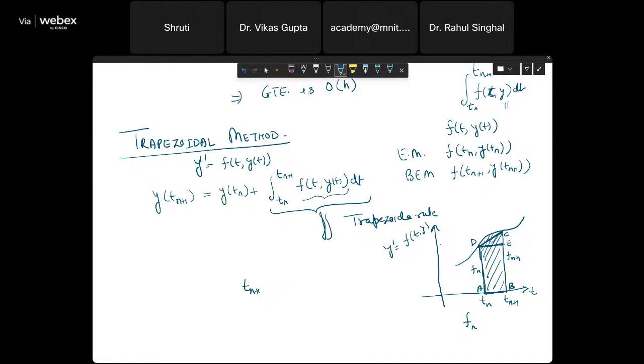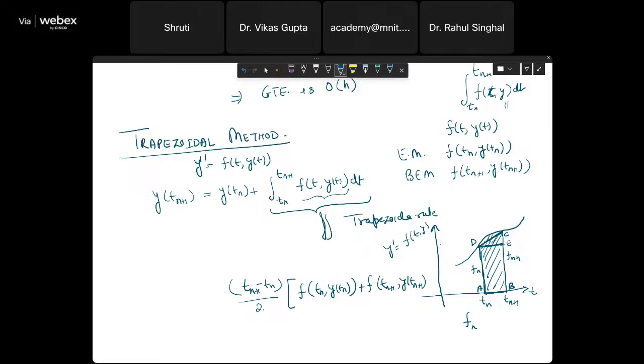Using that, what we obtain here is the following: Tn plus 1 minus Tn, divided by 2, into f at Tn, y at Tn, plus f at Tn plus 1, y at Tn plus 1.